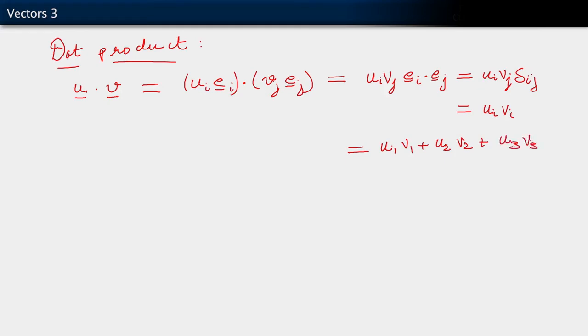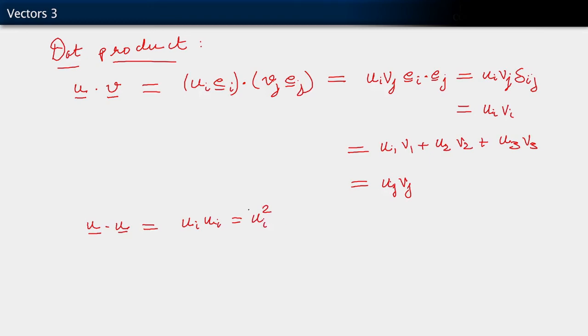Also observe that the same thing would have followed if instead of writing this as ui vi, we were to have gone the other way, which is to write this as uj vj. The other thing this lets us do is to say that u dot u now is ui ui, which is ui squared.